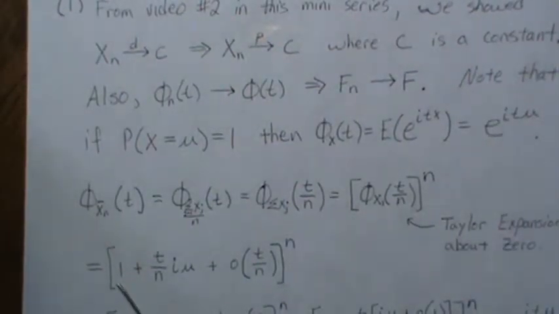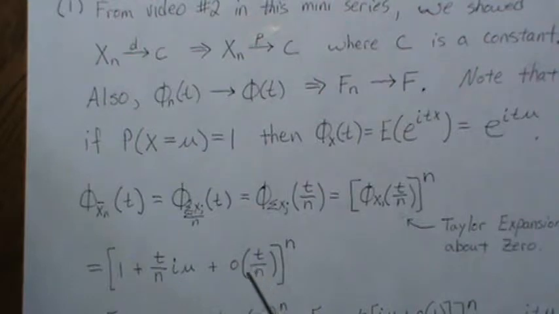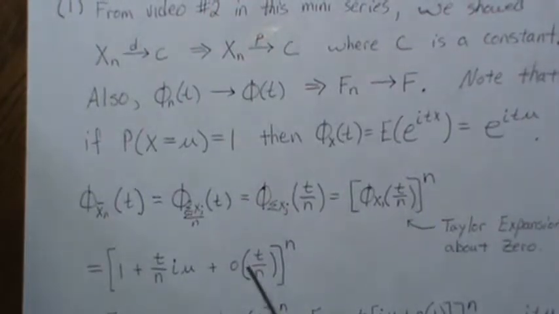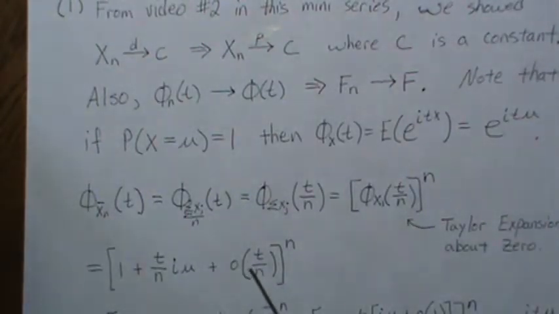Here you plug in and get 1 plus i mu t over n, plus little o of t over n. That is the remainder of our Taylor expansion, which gets so small when n gets large that we can essentially ignore it.